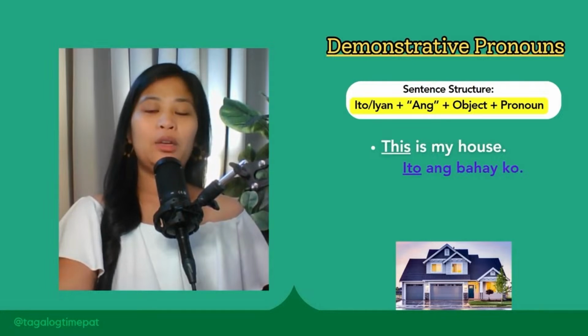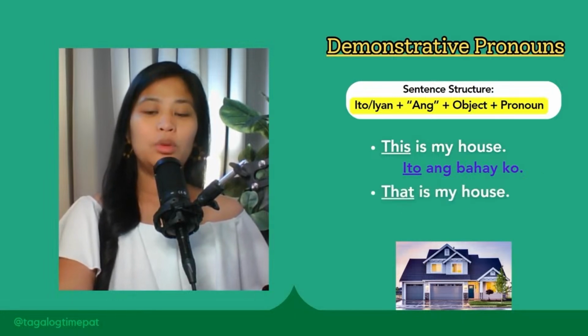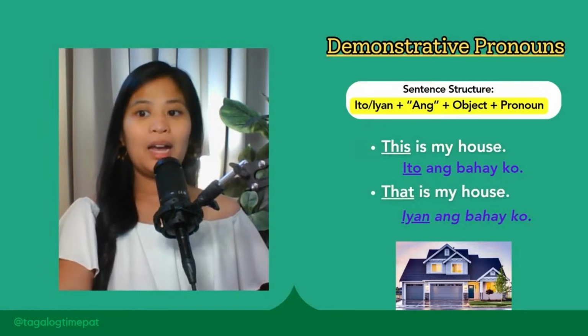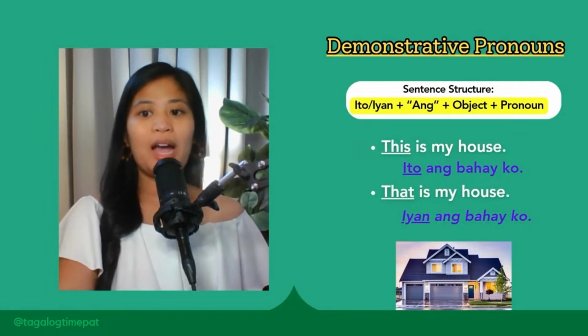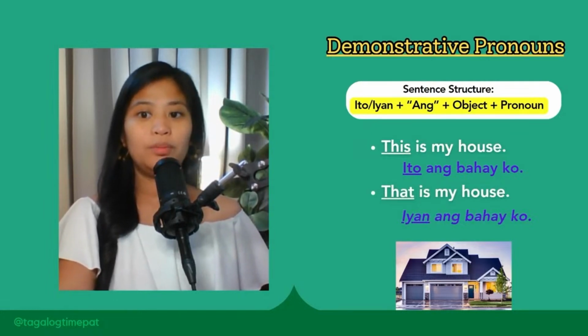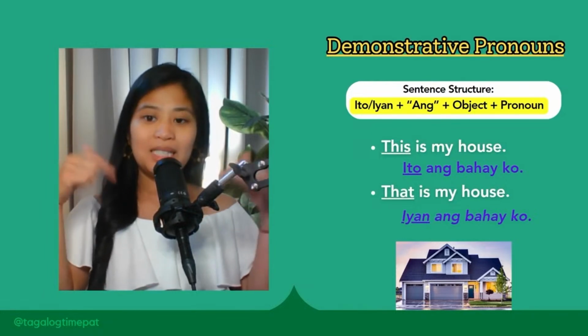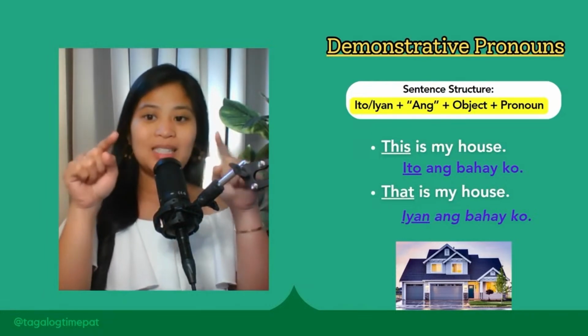So ito goes first, then the word ang, then bahay, and then the pronoun. That is my house would be iyan ang bahay ko. So ito means this, iyan means that.